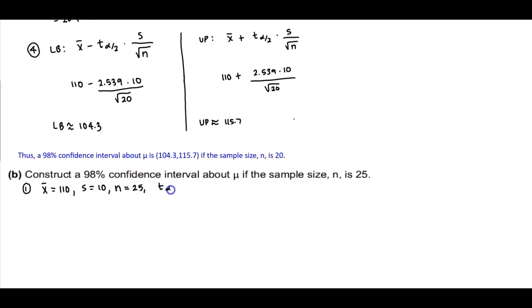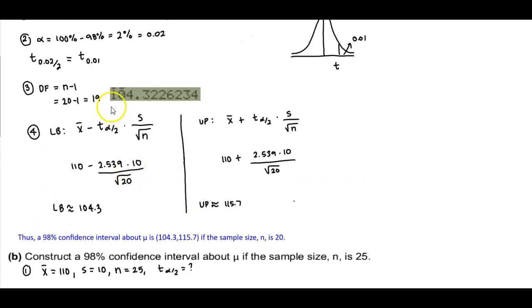So now we need to find out what that critical value is. We already know that t alpha divided by 2 is, well, we don't know what that is yet, but we still need to know what the percentage is.